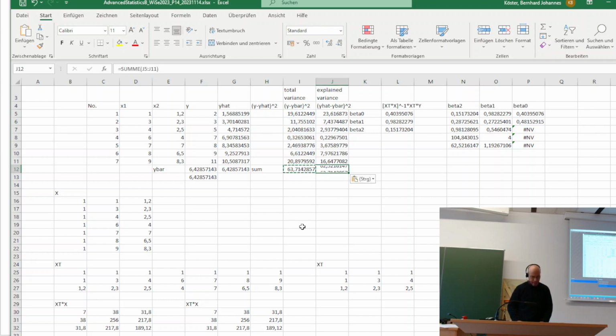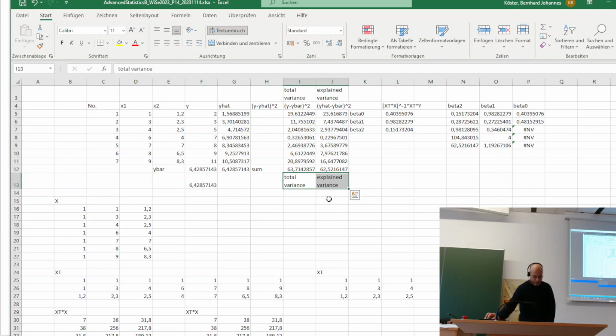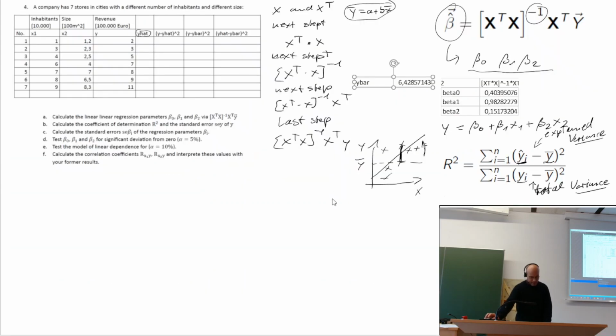So this is the total variance, and this is the explained. Okay, so this one, and this one. Let's take this data also.